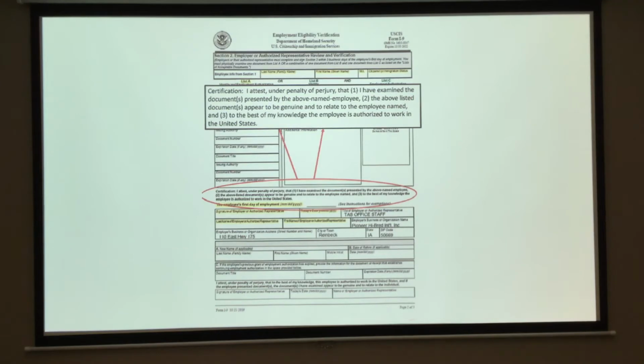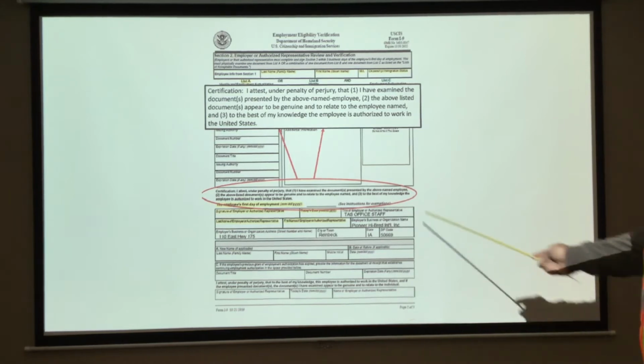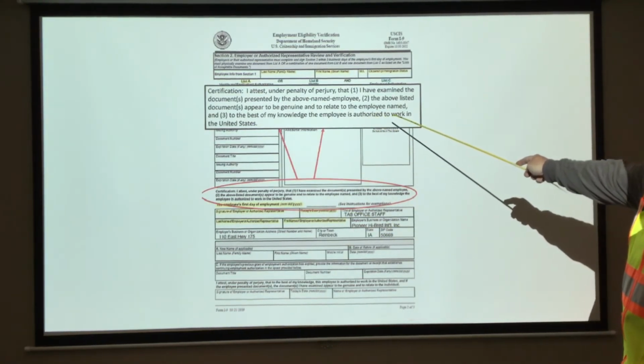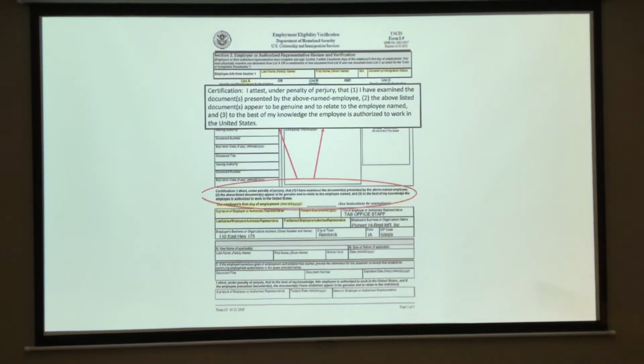So as we look at Section 2, just from a high level, and we talked about why we have to see their original documents, if you look at the section circled in red, which I blew up here for your visibility, it says certification. I attest under penalty of perjury that I have examined the documents presented by the above named employee.